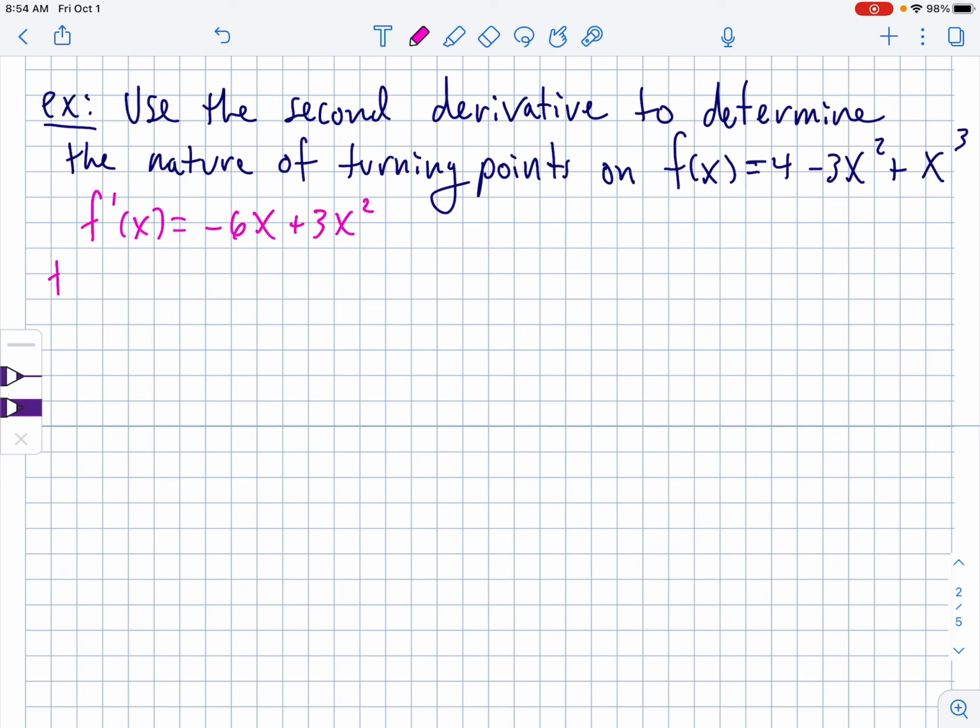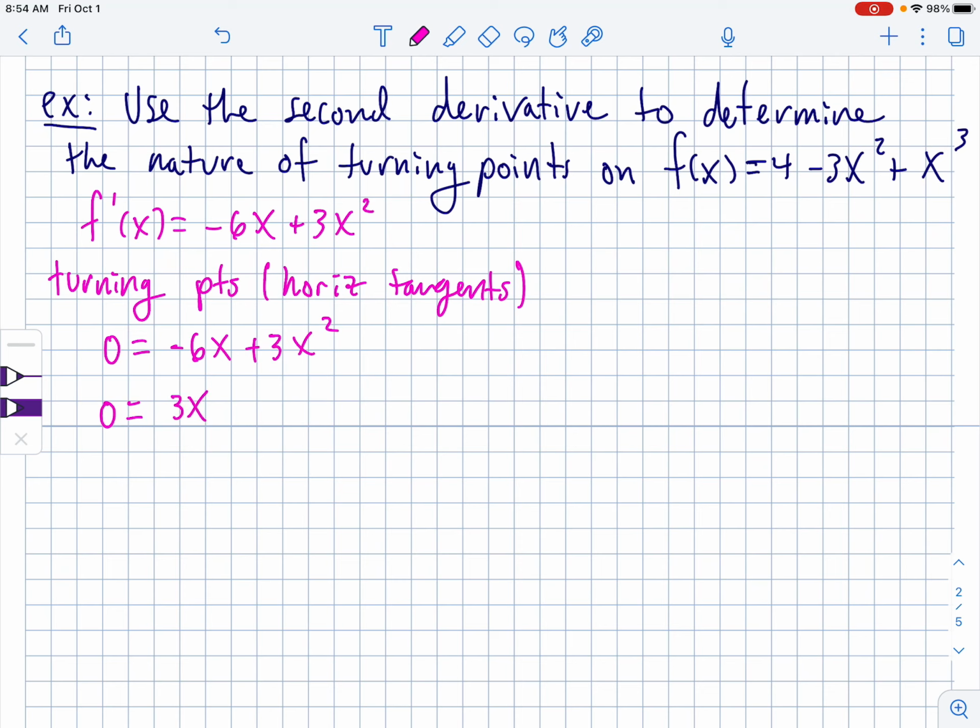Now, that's the first derivative. Let's find the, what do we call them? Stationary points, turning points. To find the turning points, those are where you have horizontal tangents. So you set your first derivative equal to 0, and then you solve this. Those both can be factored by a 3x, so then you get 3x times negative 2 plus x, and then set both of these equal to 0.